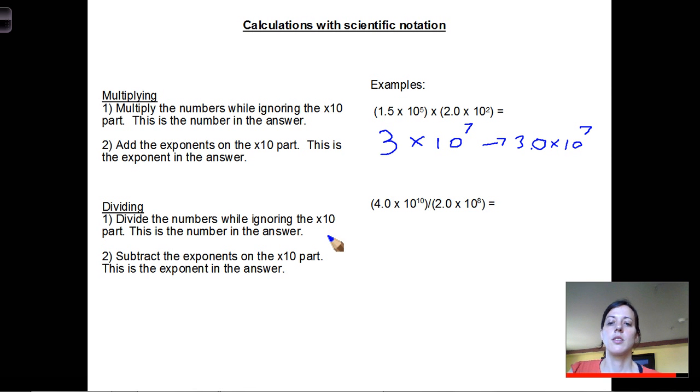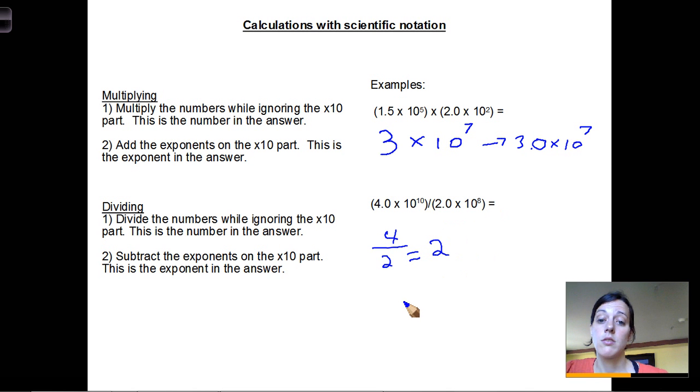Alright, dividing with significant figures is somewhat similar to multiplying, however you're dividing. We have 4.0 times 10 to the 10 divided by 2.0 times 10 to the 8th. So we are going to divide the number portion. So we have 4 divided by 2 is simply 2. And then instead of adding the exponents as when we are multiplying, we are going to subtract the exponents when you are dividing. So 10 minus 8 is 2.